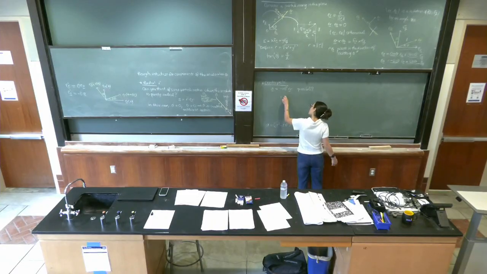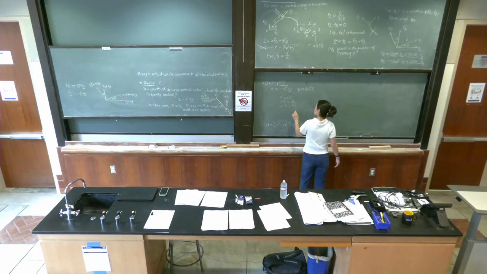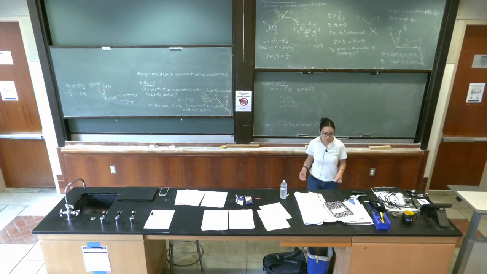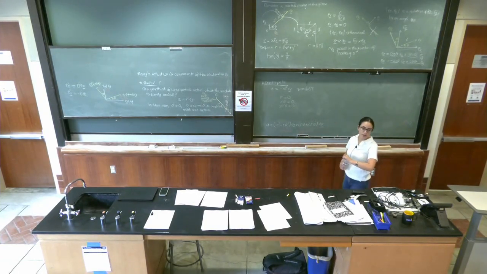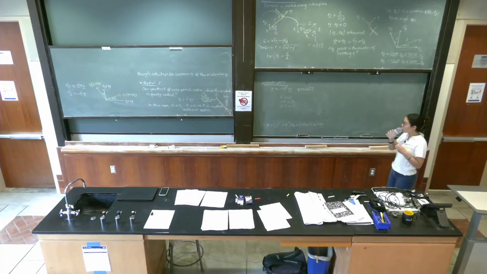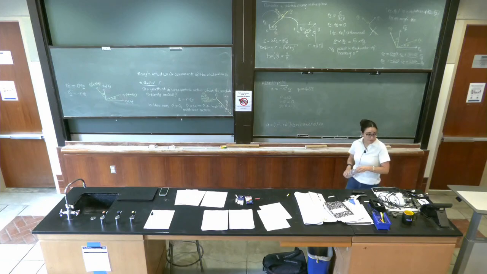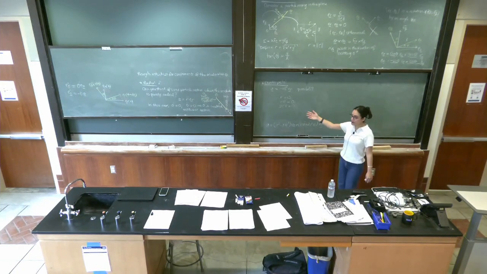So r double dot should be 0. r theta double dot should be 0. 2 r dot theta dot should be equal to 0. So what does that mean? For this motion to be possible, all of these need to be equal to 0.